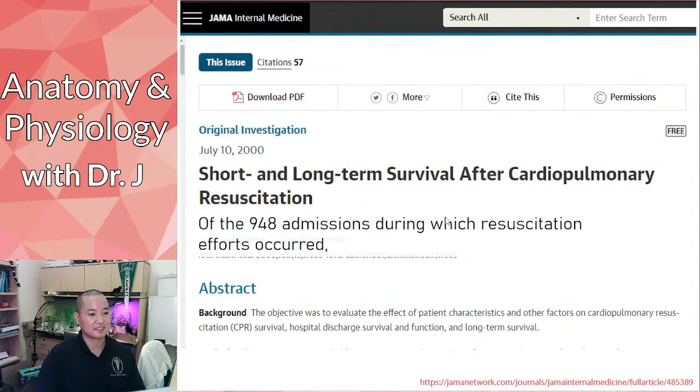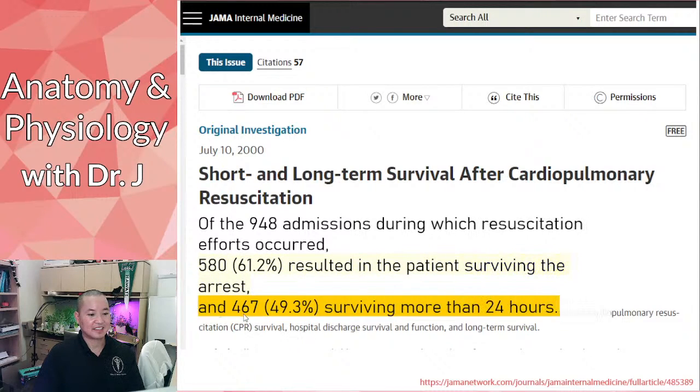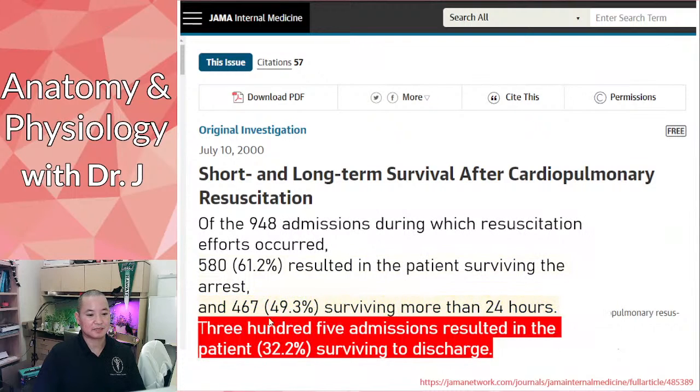Even if you do CPR, it looks like most patients survive their arrest, but notice that the day after, some of them die as well. And even if you do CPR and bring them back, out of all the admissions to the hospital, less than a third actually survive and leave the hospital.